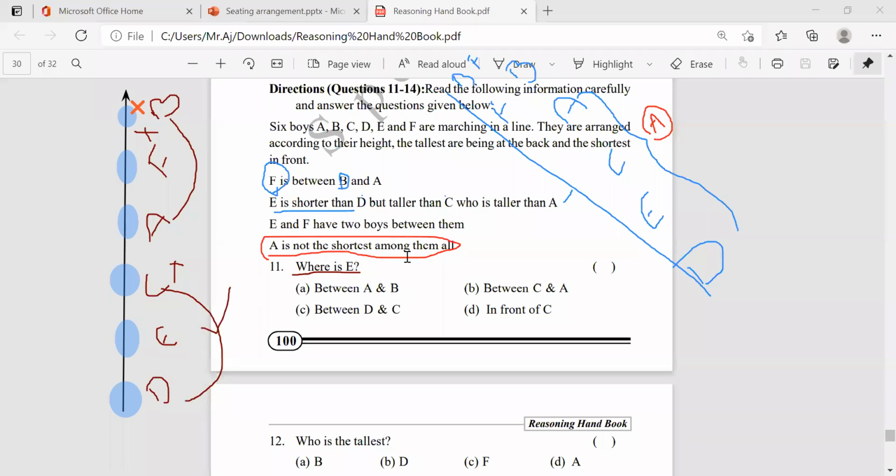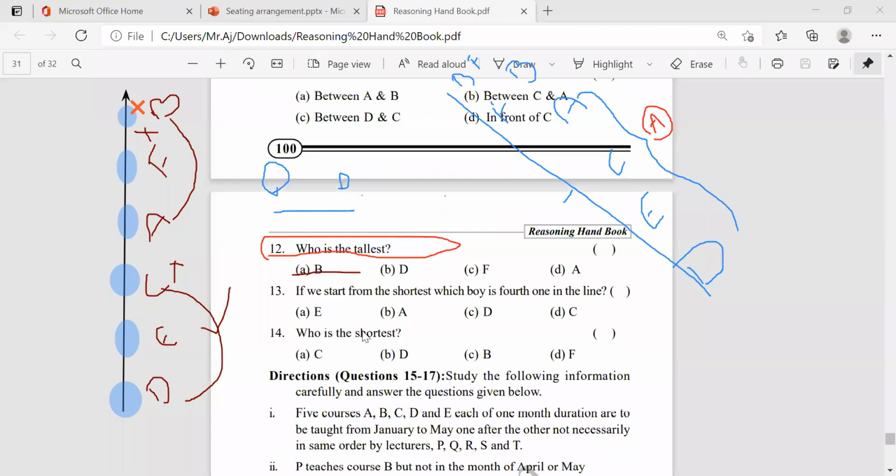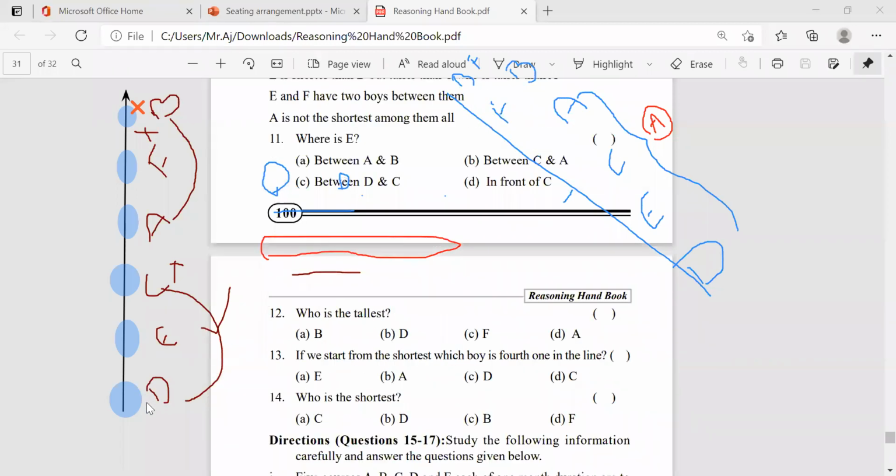Okay. And who is the tallest one? Who is the tallest here? The last person, according to their height, right, they will stand. He is the last person. It's nothing but B. If we start from shortest, which boy is fourth one of the line? From here, what's the fourth one? 1, 2, 3, 4.